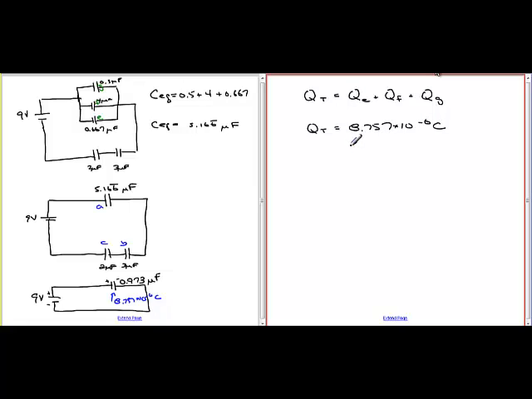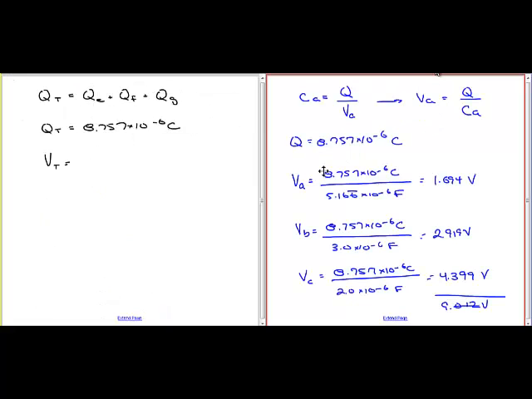So how does that work? Well, the other thing we know is the voltage drop across each of these is going to be equal to, we calculated it here just a minute ago. So A is this equivalent capacitance.